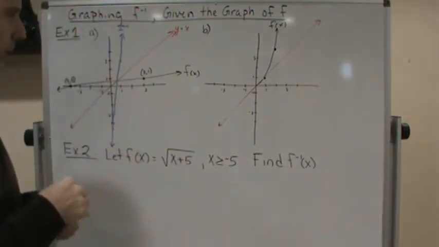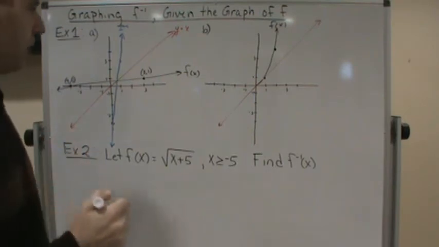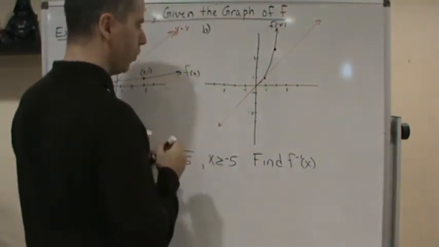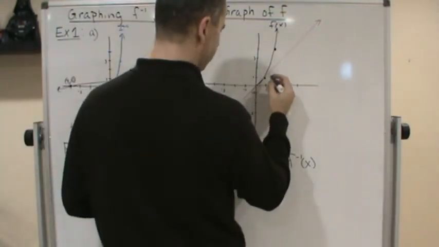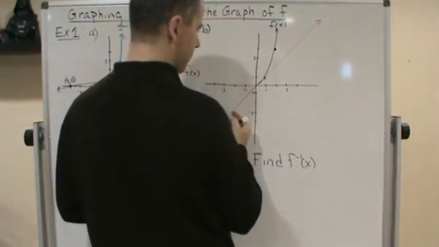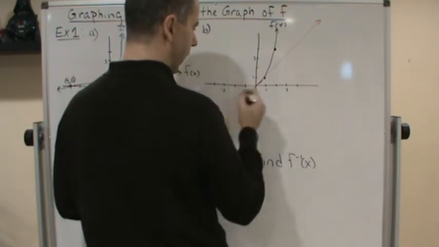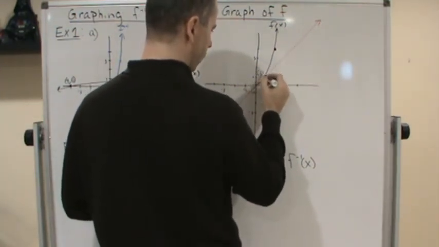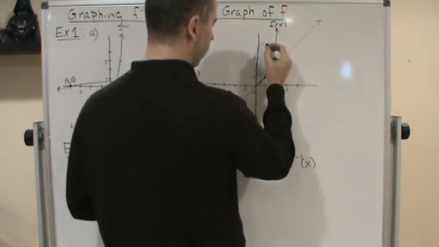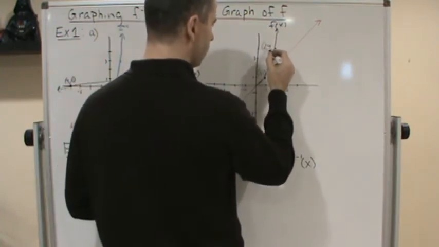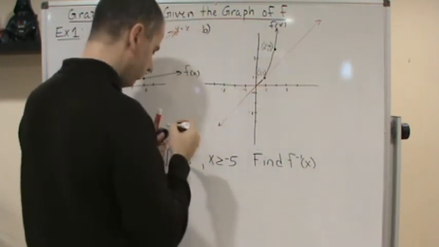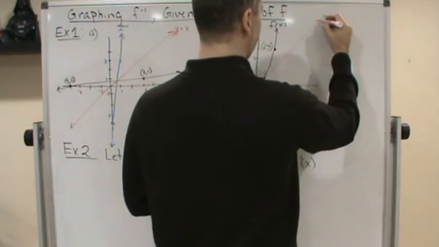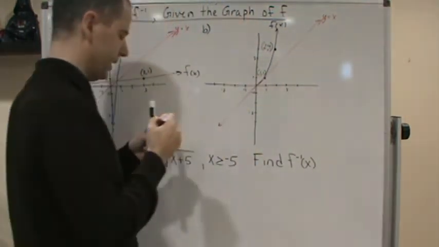So what we're going to do is, again, just interchange. So this one is 1, 1. Notice that 1, 1 stays the same, and it's also on the y equals x line. So we've got 1, 1, and here we've got 2, 4. And of course we have y equals x.